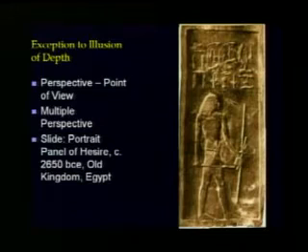And so here we have an example of that multiple perspective or multiple points of view in the way that this figure is treated. If you look at it, his upper chest area and his shoulders are shown to us frontally, as if he's standing and we're looking at him frontally. But from the waist down, he's in profile.